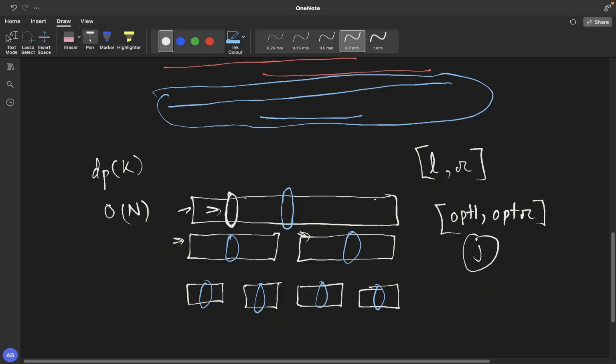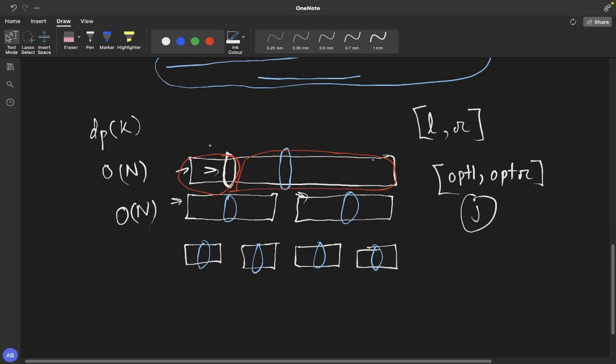So basically, I'm going to be checking these points for this particular value, and I'm going to be checking these points to calculate the DP for this particular value. And you can also see here that the time for computation is O of n.